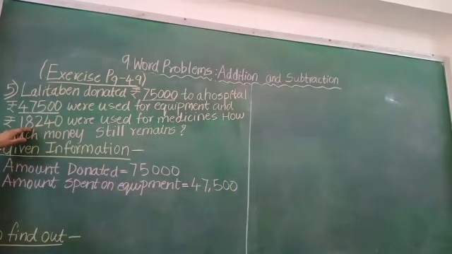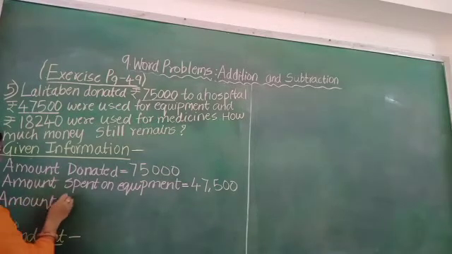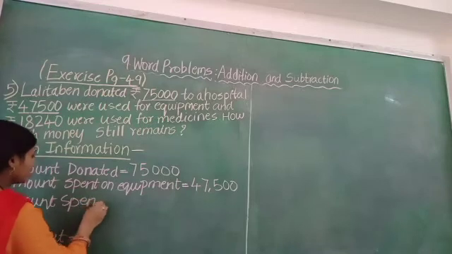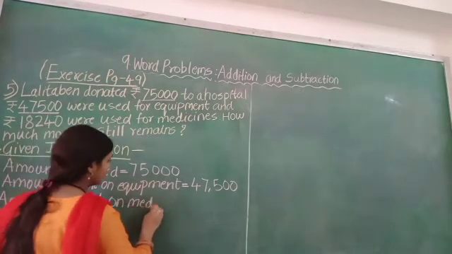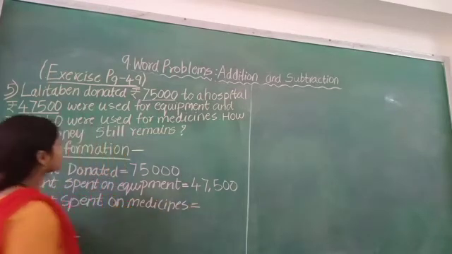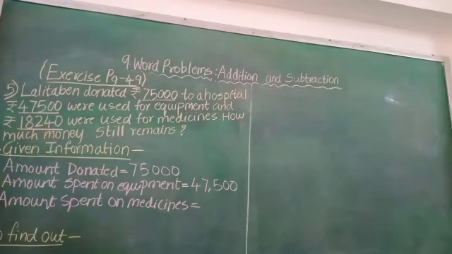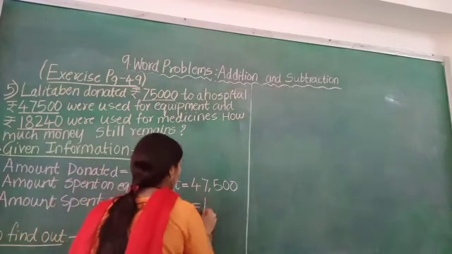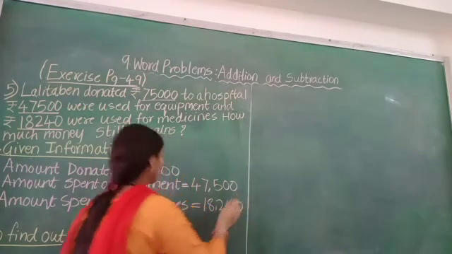And amount spent on medicines is how much? 18,240. So here we will write 18,240.